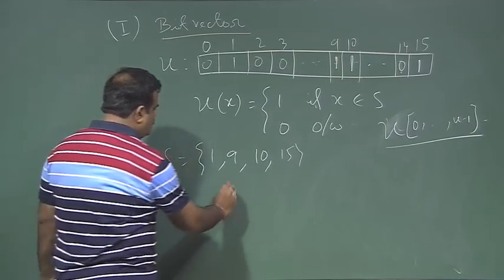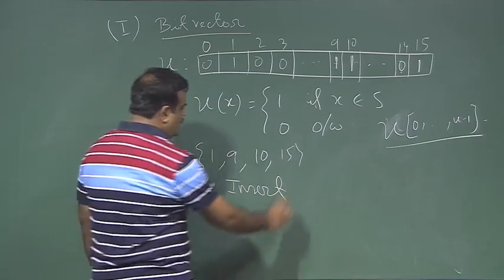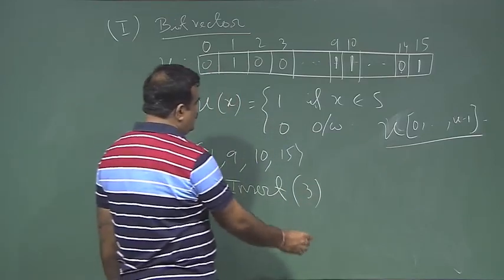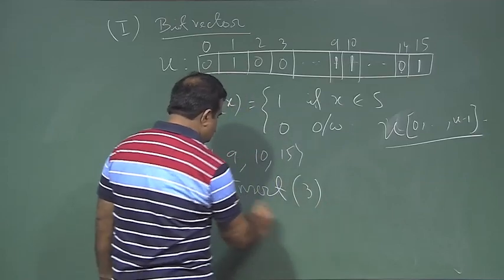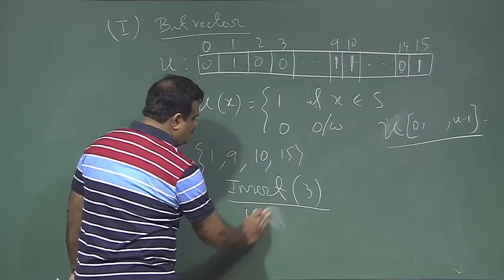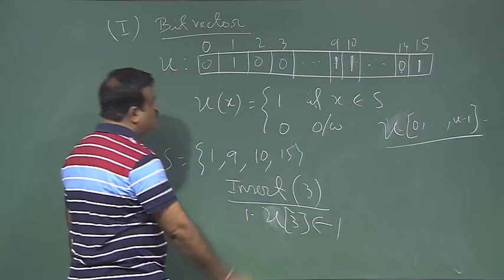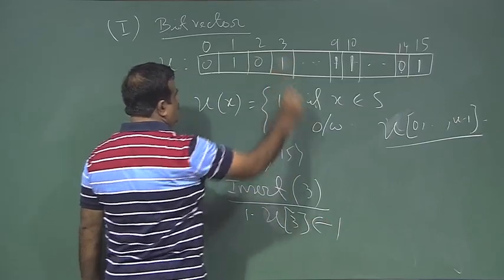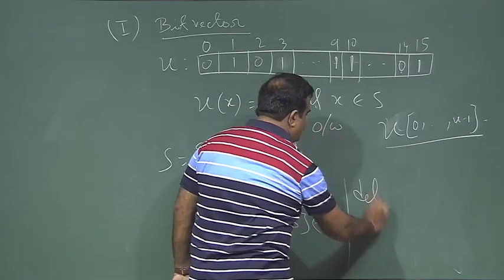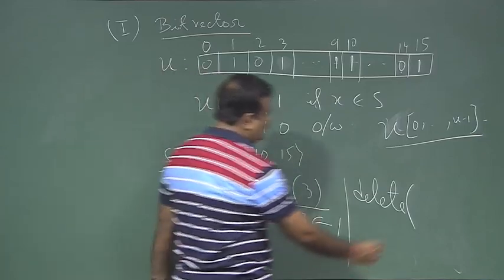Suppose we want to insert, say, 3. What we do? We just go to U3, this is the U array, U3, and we put 1, switch on. Very simple. And delete. Suppose we want to delete an element which is already there, suppose we want to delete say 9.